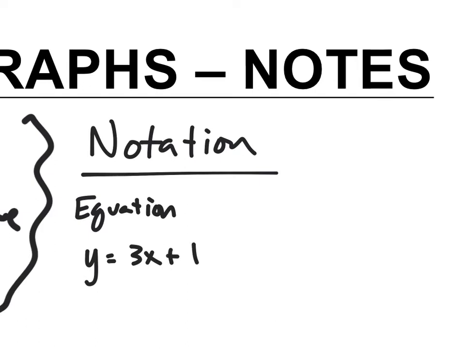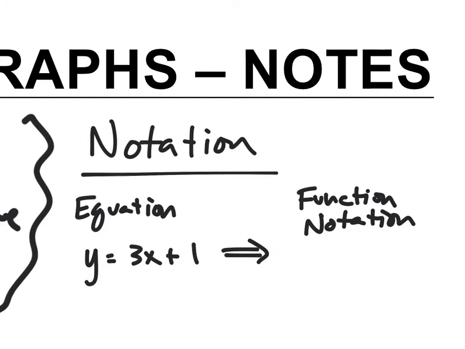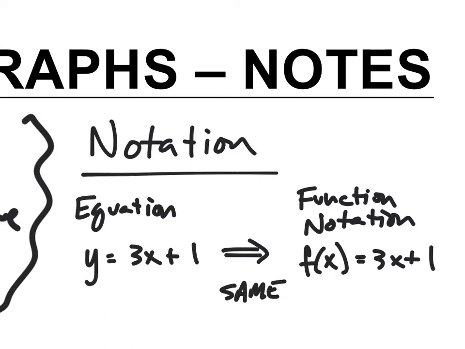Now I'm going to turn this into function notation. Function notation would look like this, where I would say f of x is equal to 3x plus 1. These are the same relationship. My input is x. My output is y.